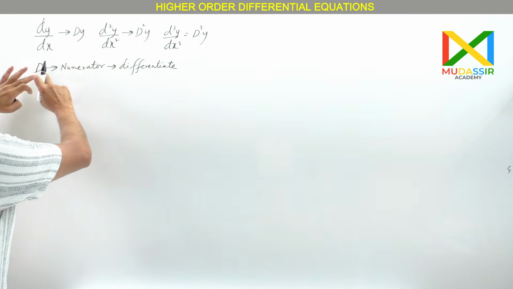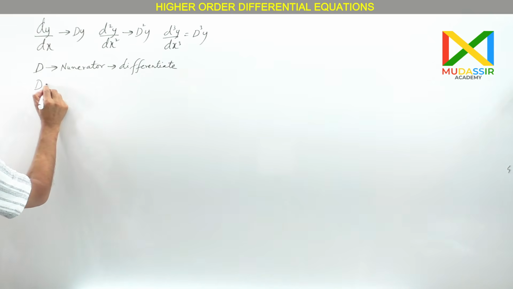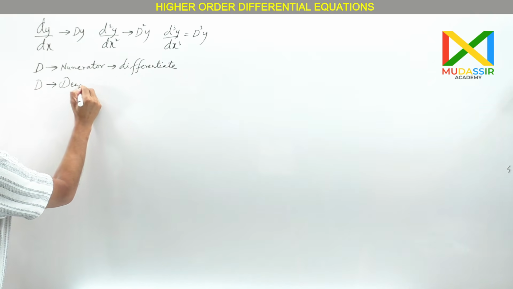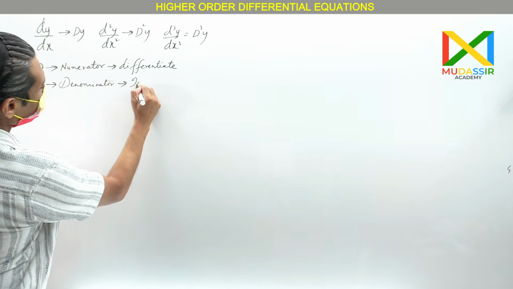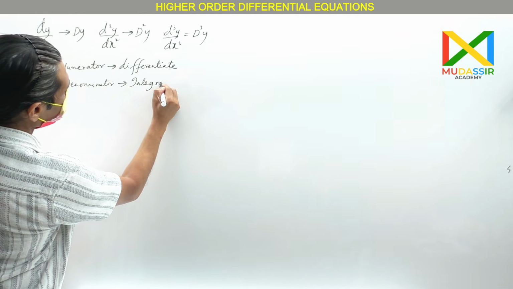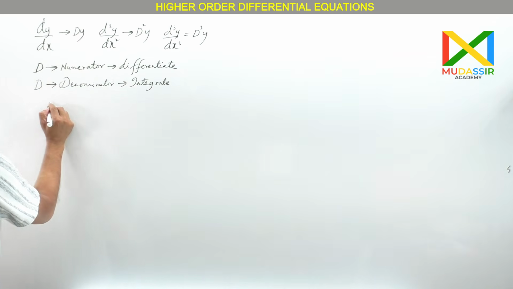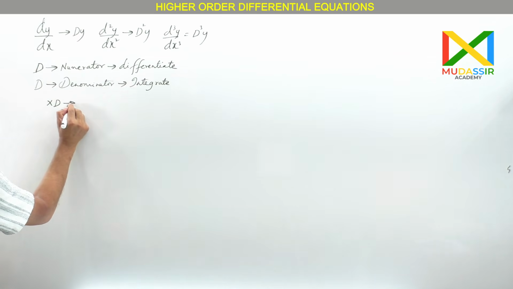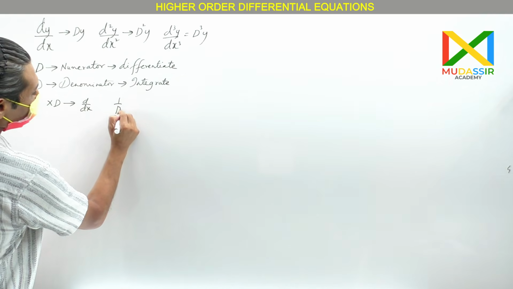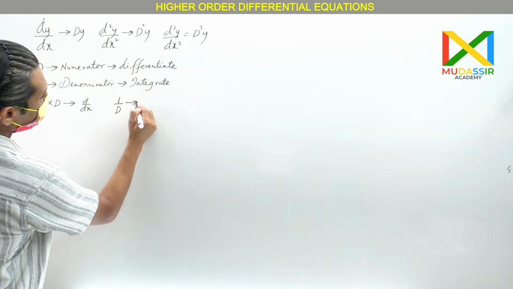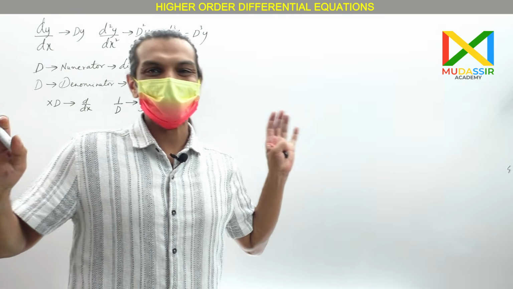Again, if D comes in the numerator, differentiate. If D comes in the denominator, then integrate. That's it. Getting it here? That means into D means d by dx, and upon D means integration with respect to x. As simple as that.